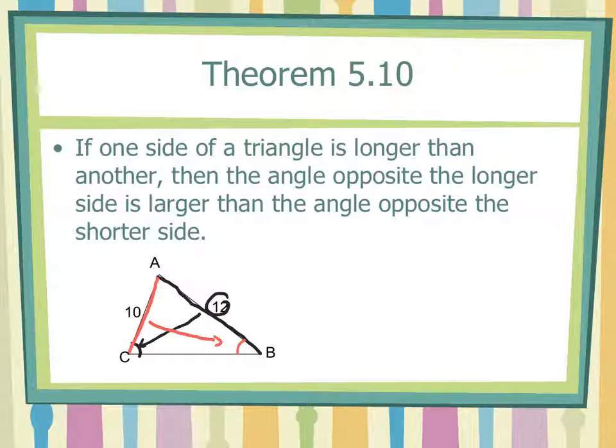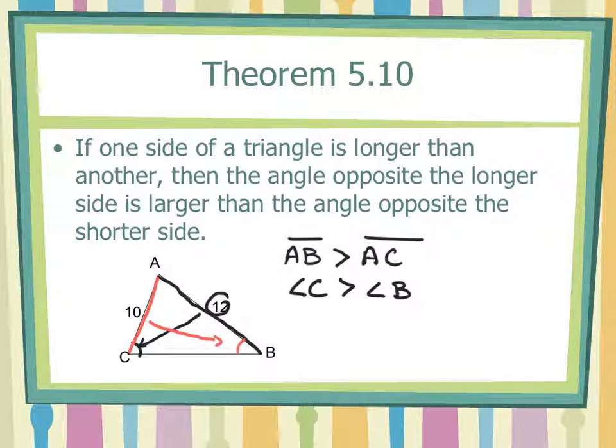So since I know that AB is greater than AC, would you agree with that? AB is greater than AC. Well, then the angle that is across from AB, which is angle C, must be greater than angle B. Those are the ones that are across from those sides.